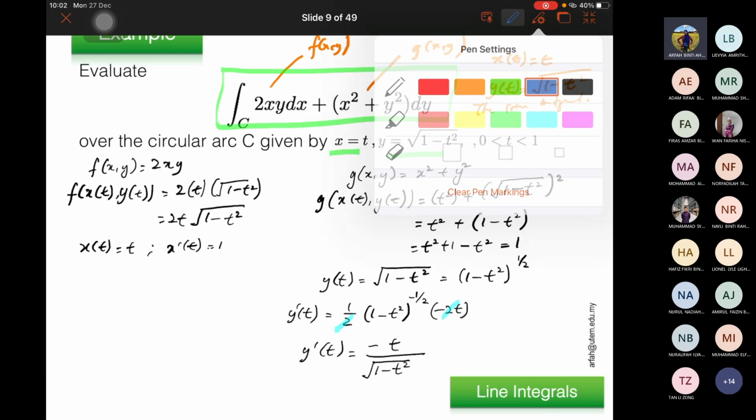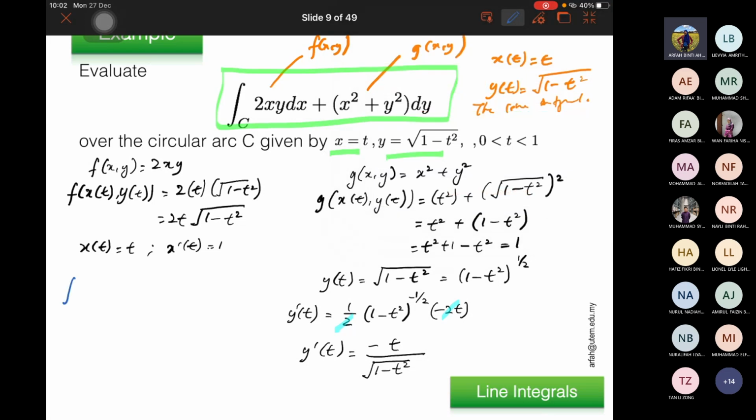So masukkan dalam integration over the curve C. This one akan jadi integration over AB f(x(t), y(t)) x prime t dt plus integration from A to B g(x(t), y(t)) y prime t dt. Okay, that's it.